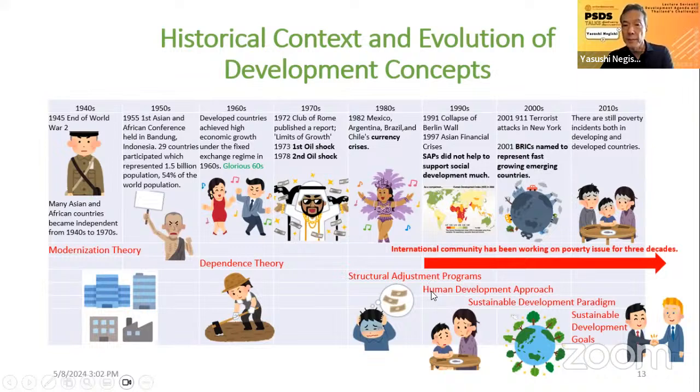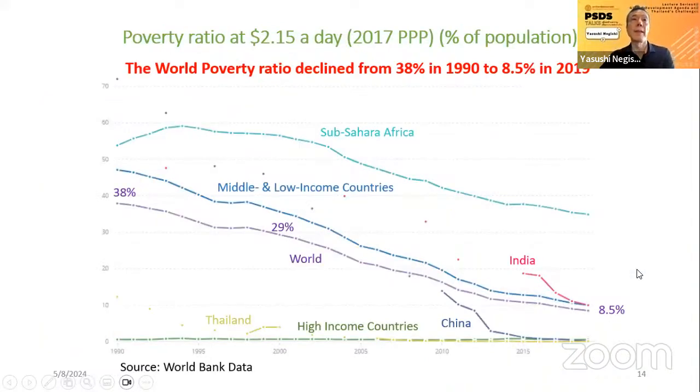So under the human development approach, the international community has been spending during the past 30 years to tackle this agenda. And this is the income approach to measure the poverty situation during the past 30 years.